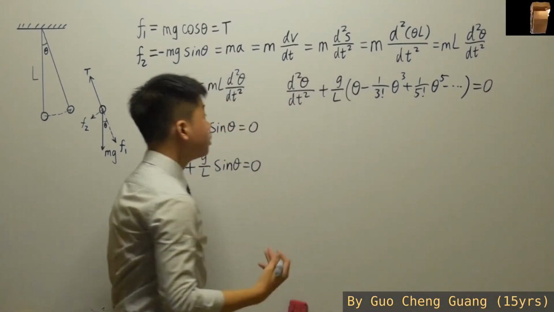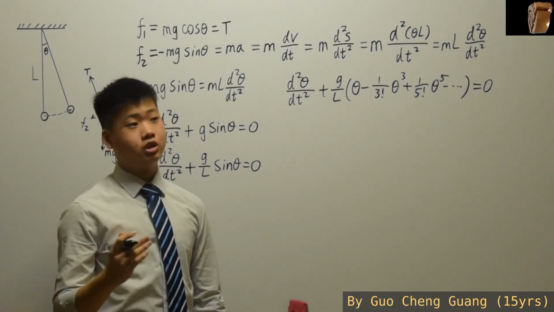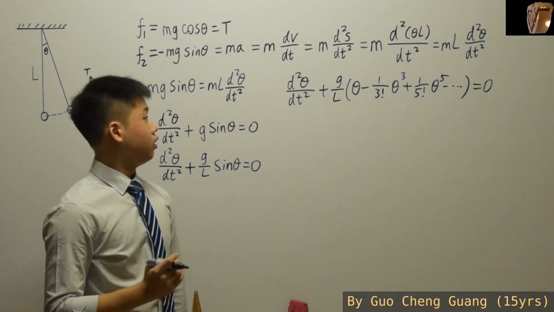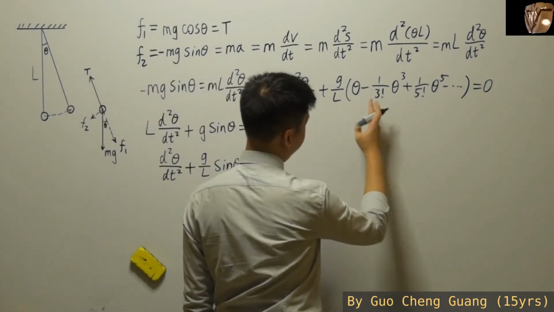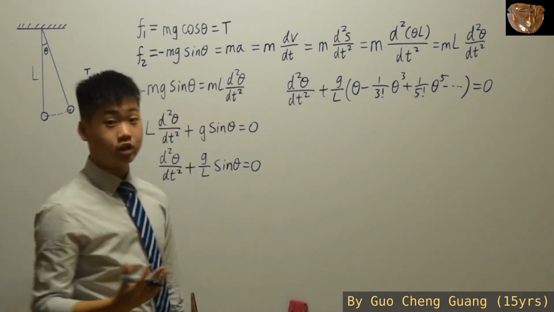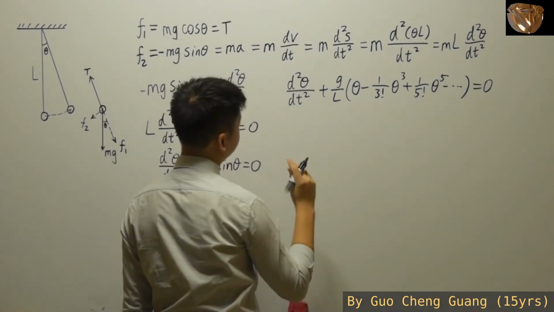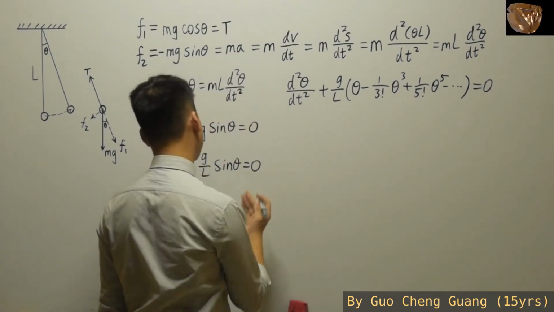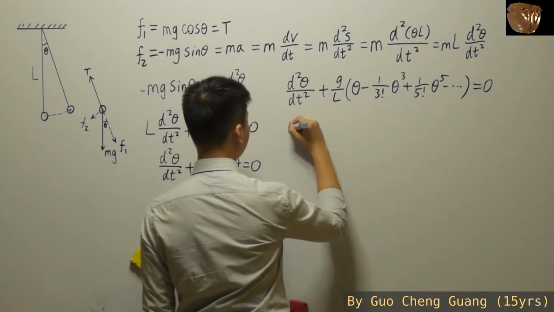Right? So in this case, if our theta is very, very small, or even approaches 0, you realize the terms other than theta are pretty much negligible. Or you can just write when theta approaches 0, or even you might see in some books where they just write small angle approximation.